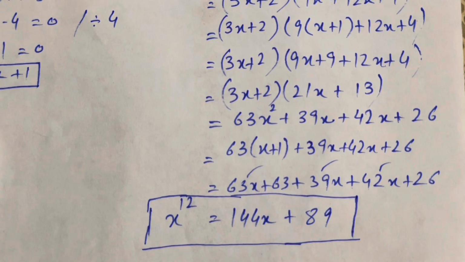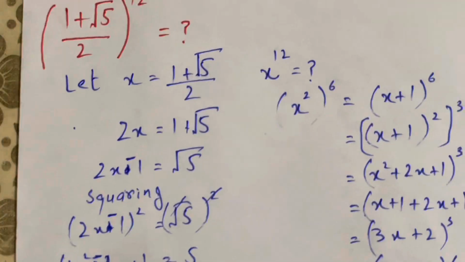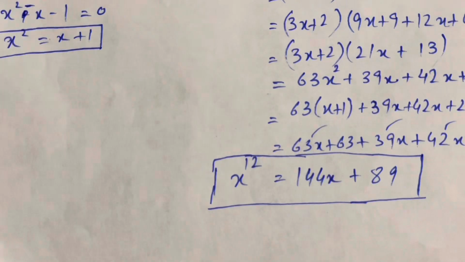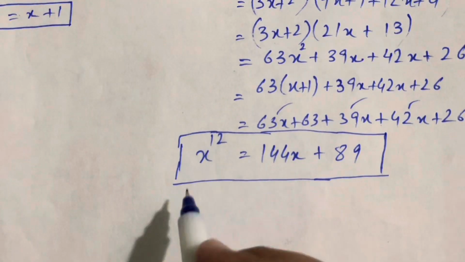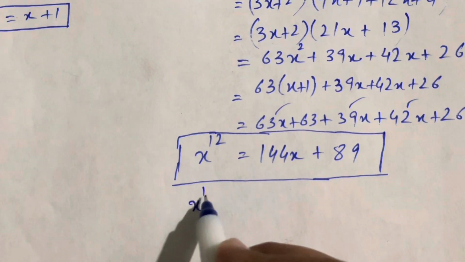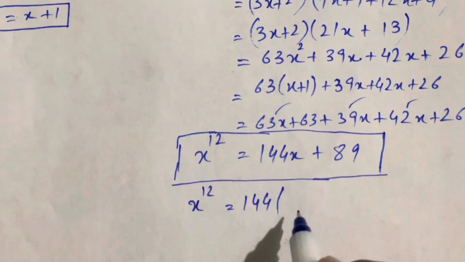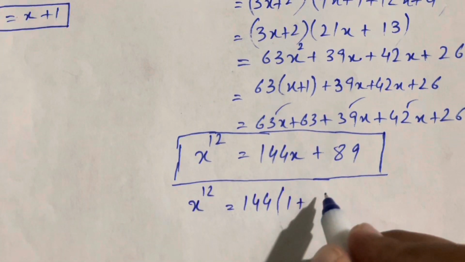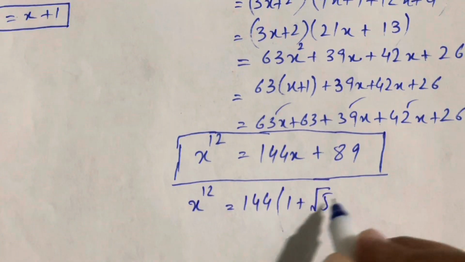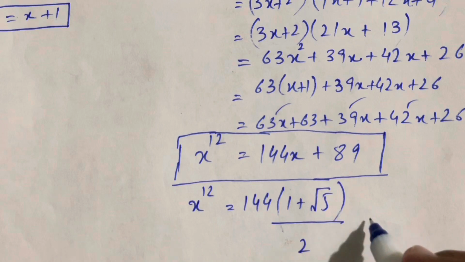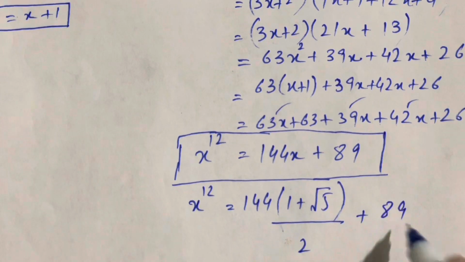Now I am writing the value of x in this equation. It becomes x power 12 equal to 144 times (1 plus under root 5) over 2, plus 89.